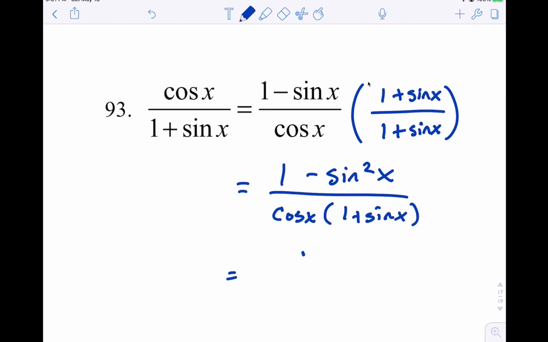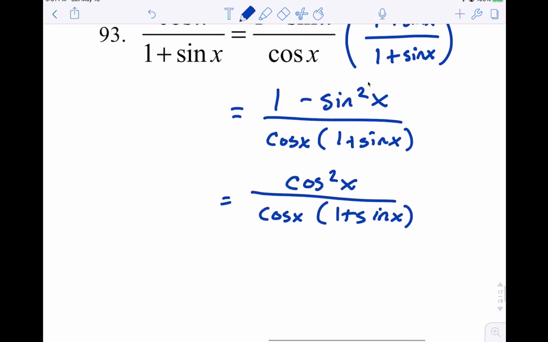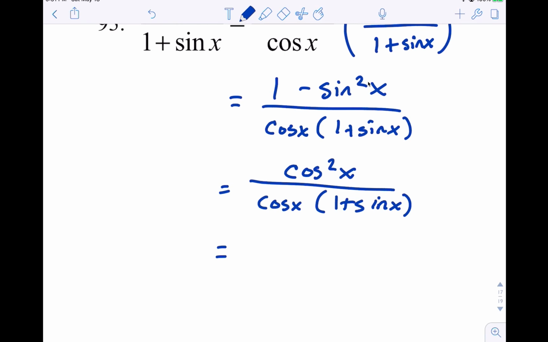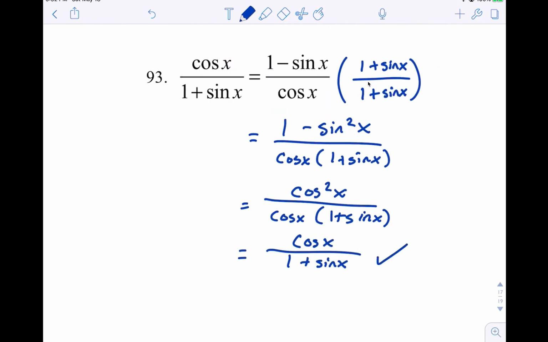Now the top becomes cosine squared over cosine times 1 plus sine. And then the cosine on the bottom will cancel out one on the top. So you're left with cosine over 1 plus sine, which is what you need.